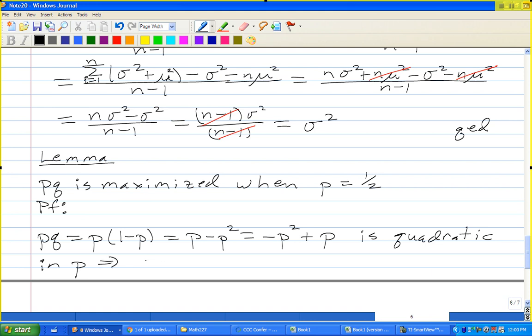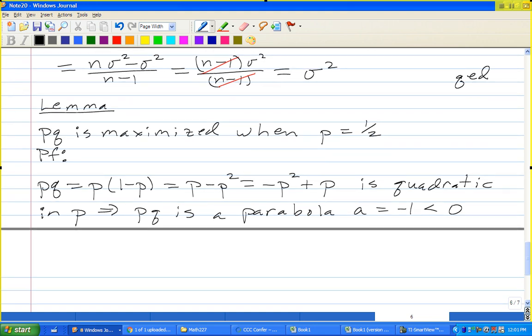And so PQ is a parabola. The constant in front of the square is less than 0, so this parabola points down. And so since the parabola points down, it has a maximum at its vertex.